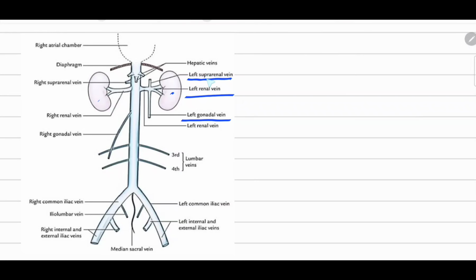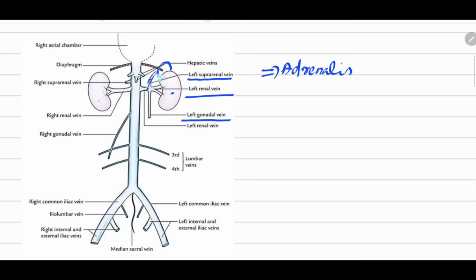The suprarenal vein drains the suprarenal gland and carries hormone rich blood, that is adrenaline rich blood, which opens into this left renal vein.